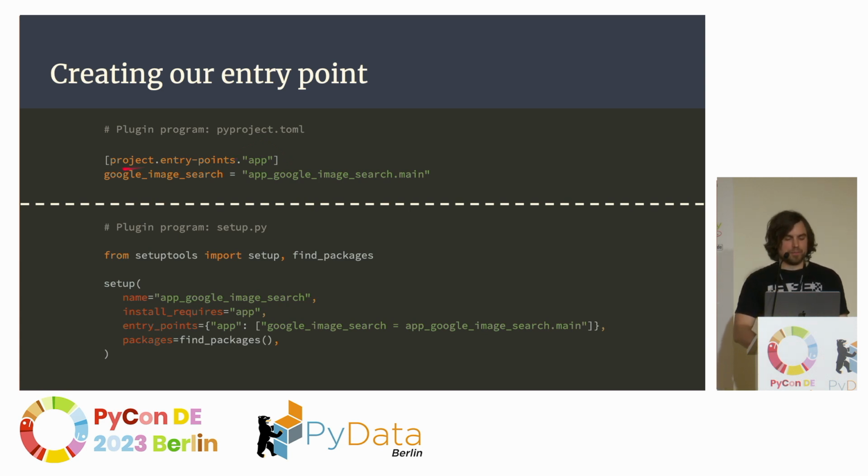Then we assign Google image search, and this is like the module path to where the code lives. The plugin module name is called app Google image search, and the code lives in a module called main, so .main. And we can see the exact same thing in the setup.py file.